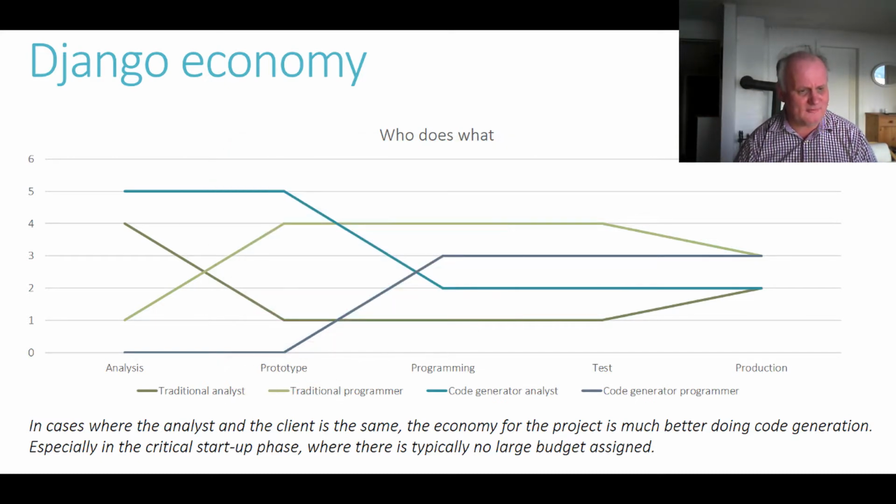Whereas if you look at the code generator in the same phases, the analyst will be in charge all the way to prototype. And then, that's the dark blue line here, you will of course in the programming phase have a programmer involved.